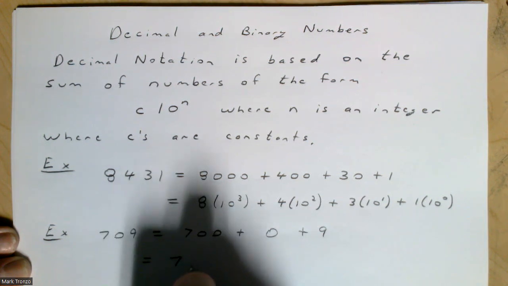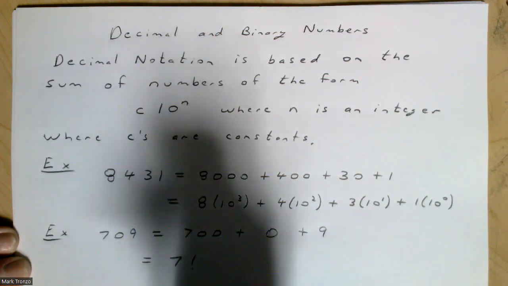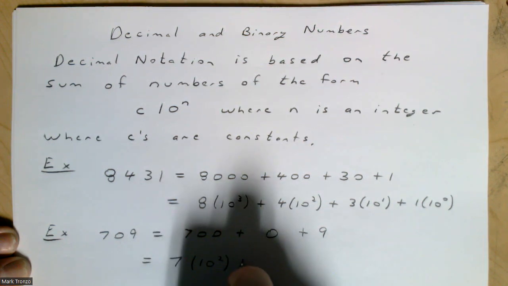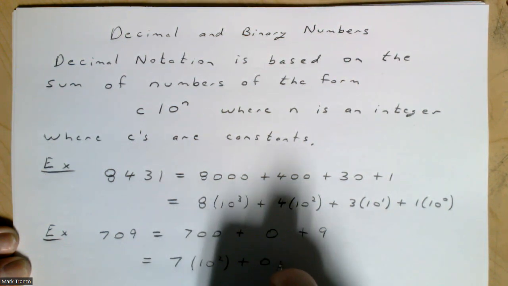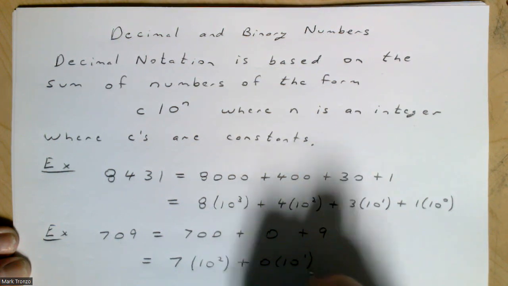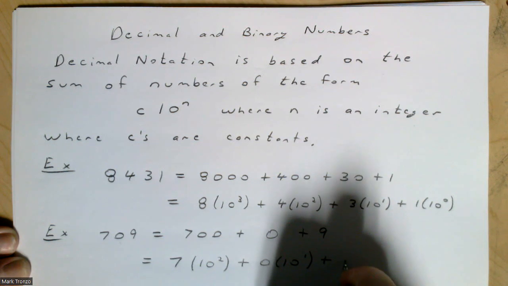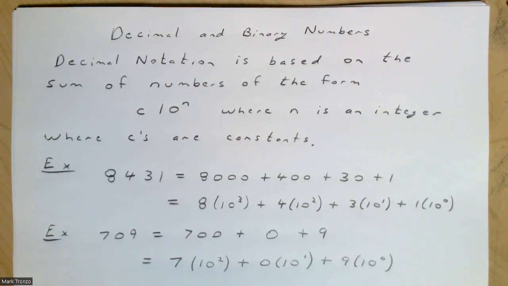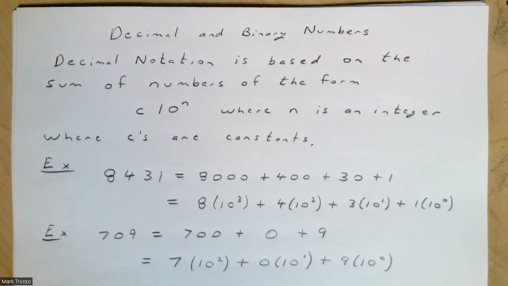So this is like 7 times 10 squared plus 0 times 10 to the first plus 9 times 10 to the 0. So that's our decimal system, which we use all the time.